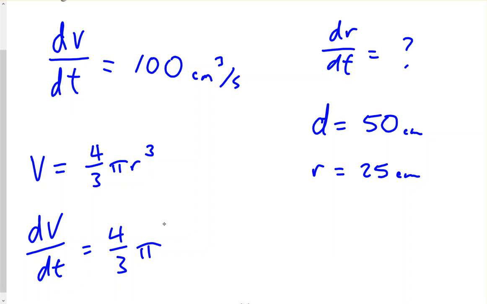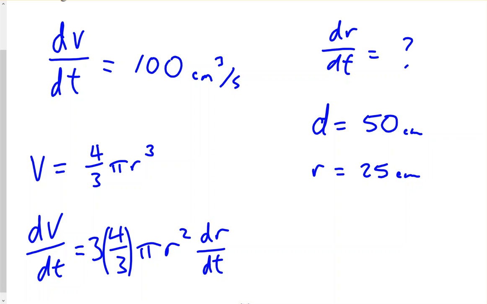Now for the derivative of the right side, the 3 will multiply in front and reduce the power, and then multiply by dr/dt. So you're using the chain rule throughout the whole process. We're differentiating with respect to time, so each of these variables, the V and the r, will have the chain rule piece attached to it.